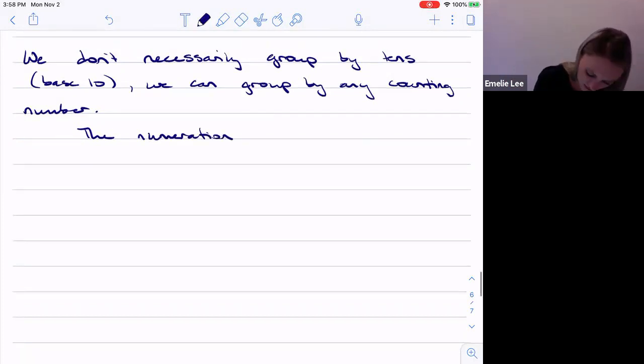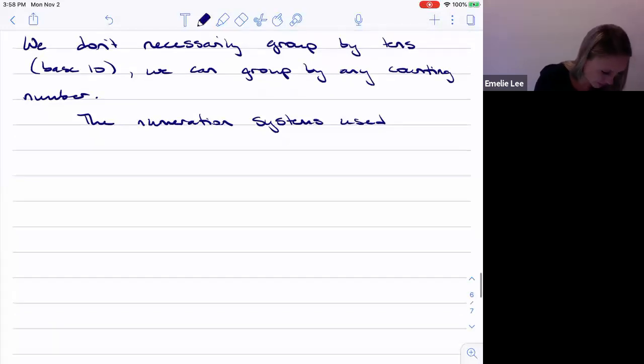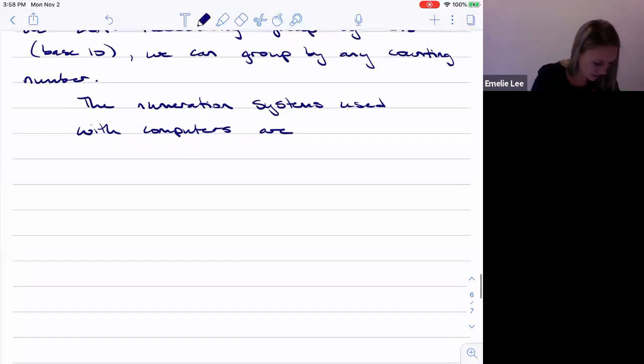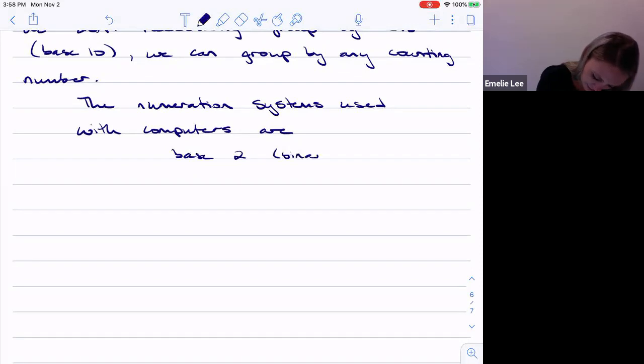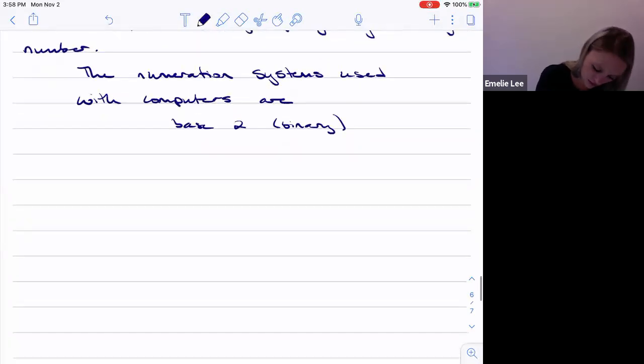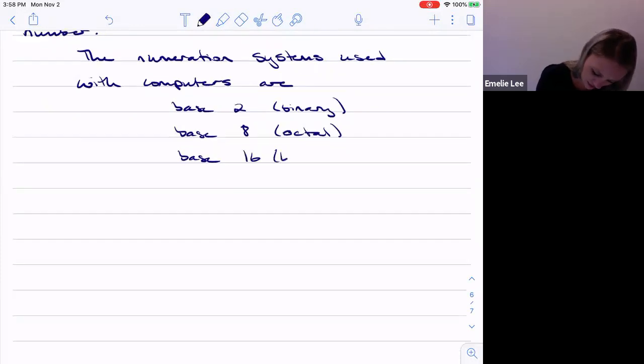The numeration systems used with computers are base 2, which is called binary, base 8, which is called octal, and finally base 16, which is hexadecimal.